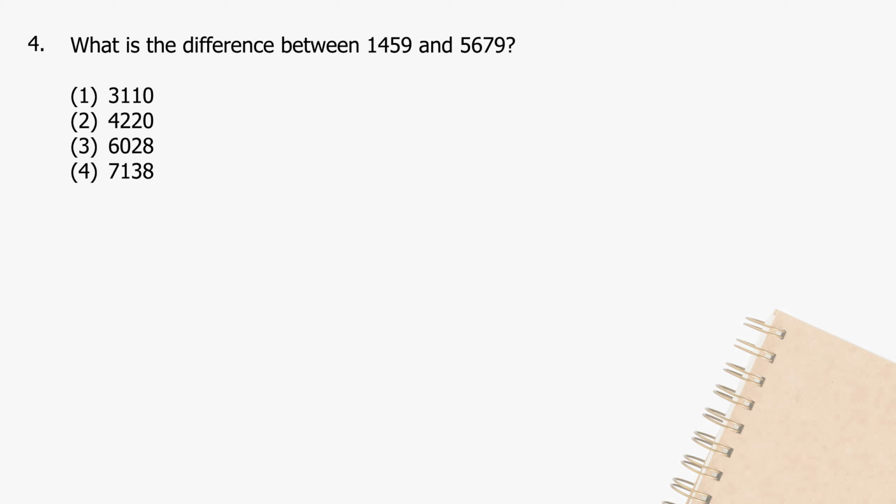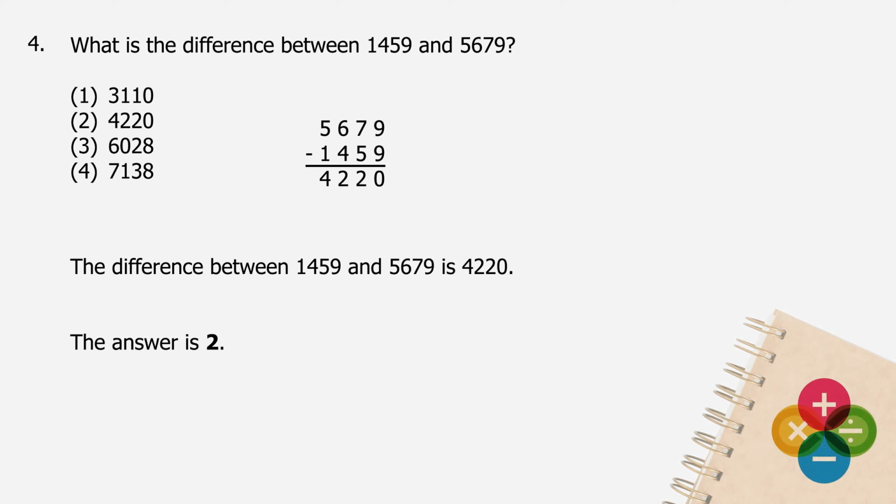What is the difference between 1459 and 5679? The difference between 1459 and 5679 is 4220. The answer is 2.